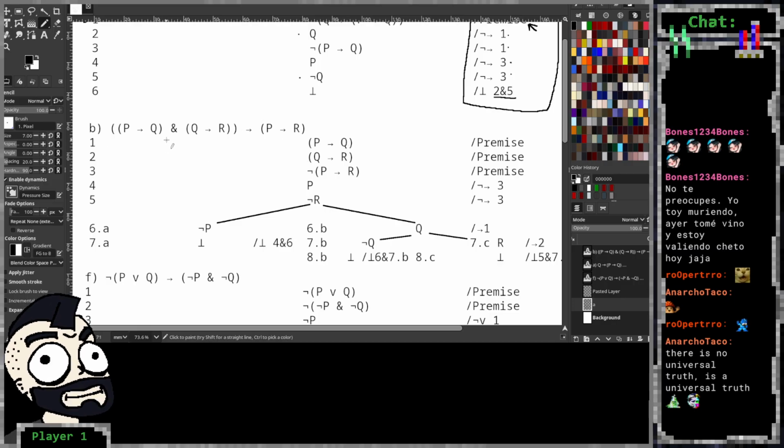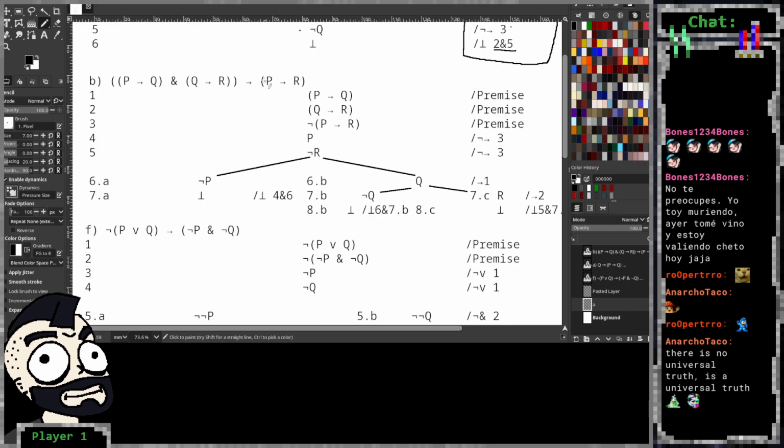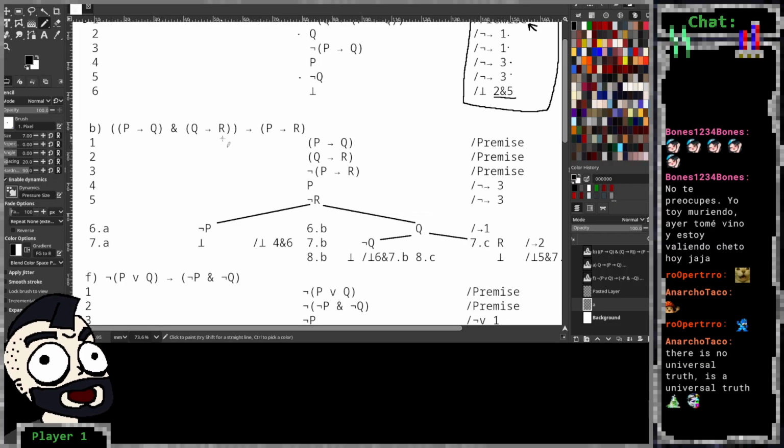I will just put everything joined together by the conjunction as a separate premise, and everything after the implication as the conclusion. But basically, I'm just saying this is the same as a negated implication.